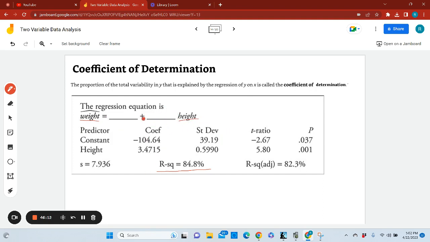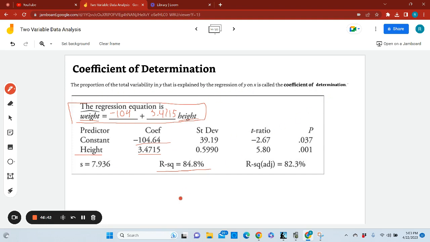So to plug in the numbers here, the coefficient for the height, they tell you right here, is 3.4715, and then the y-intercept is negative 104.75. But that would allow you to create the regression equation based off the computer output.